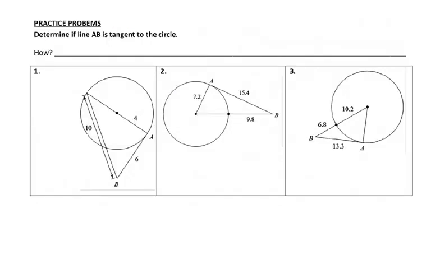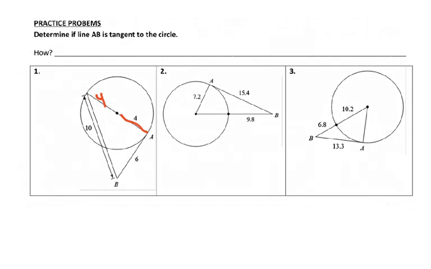Okay, so let's do some practice problems. First of all, we're going to determine if line AB is tangent to the circle. So how do I tell? Well, if it's tangent, this has to be a 90-degree angle. If that's a 90-degree angle, then it makes this triangle a right triangle. If it is a right triangle, then the Pythagorean theorem has to work. This right here is 4, so that would mean this is 4.